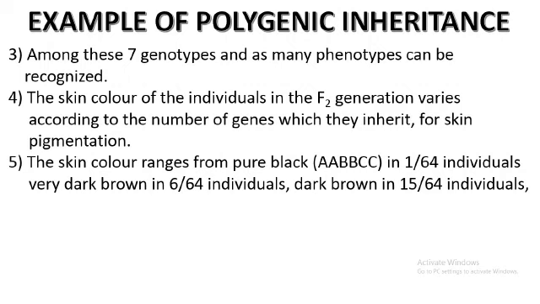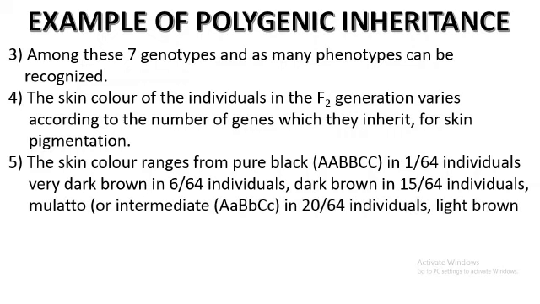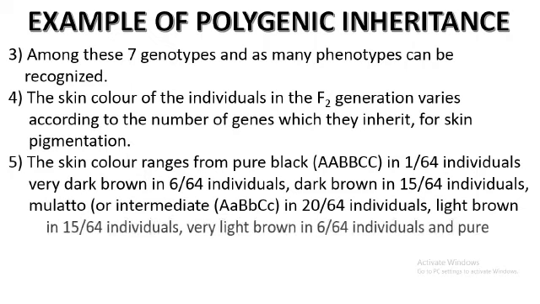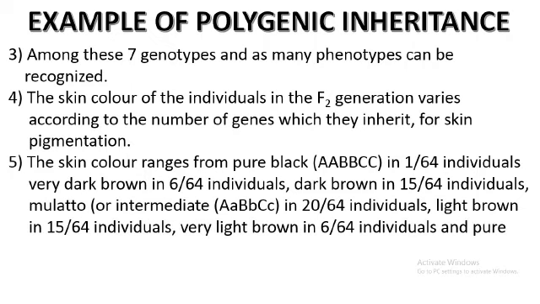Likewise, very dark brown will be 6, dark brown will be 15, mulatto, intermediate color, will be 20, light brown will be 15, very light brown will be 6, and pure white will be 1. These are the phenotypes: pure black, very dark brown, dark brown, mulatto, light brown, very light brown, and pure white. So 7 phenotypic classes are produced because of these multiple genes.